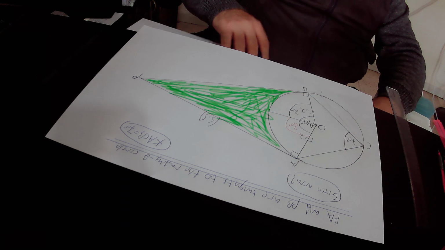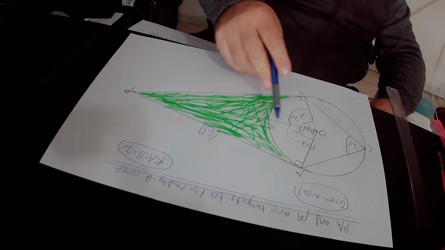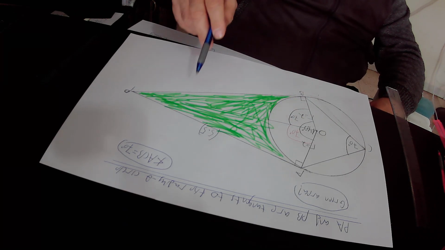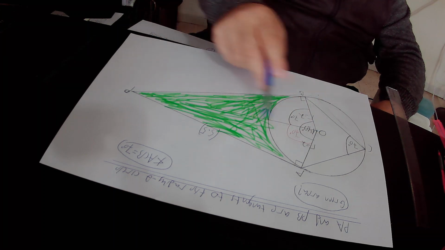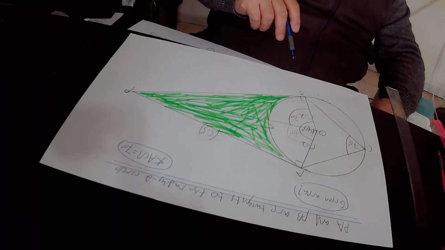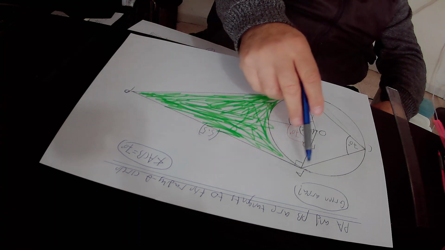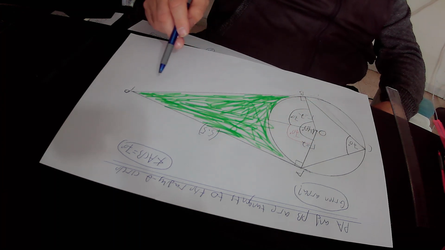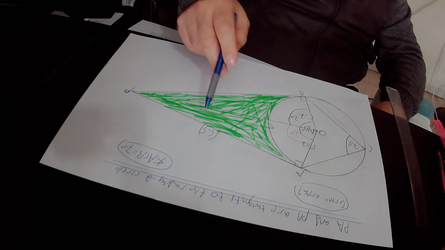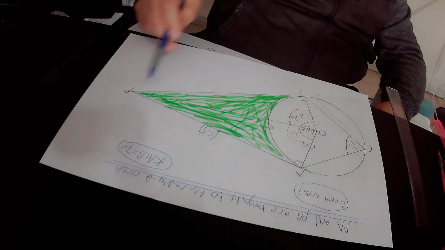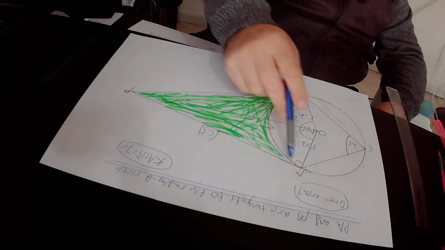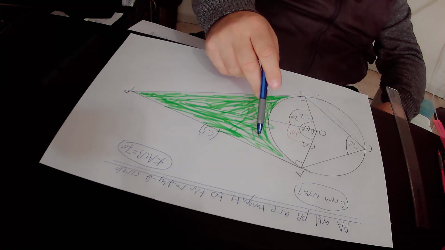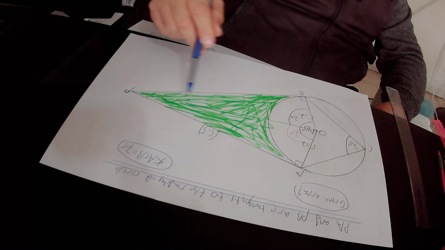And we have already found out that the area of this green shape equals the sum of the areas of those two right triangles. That will give us the area of this quadrilateral AOBP, and then we have to subtract from the area of this quadrilateral AOBP the area of this sector AOB. This will give us exactly the area of this green shape.